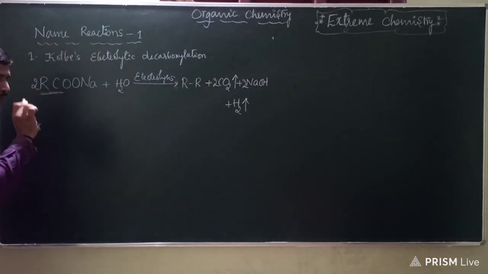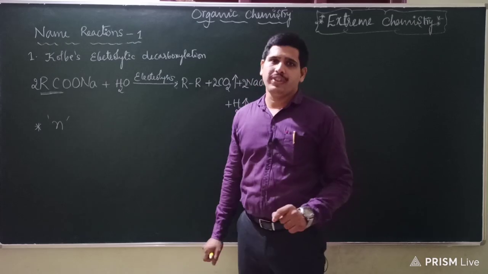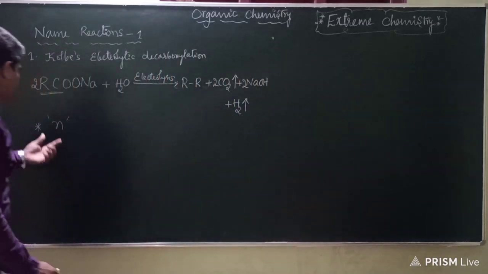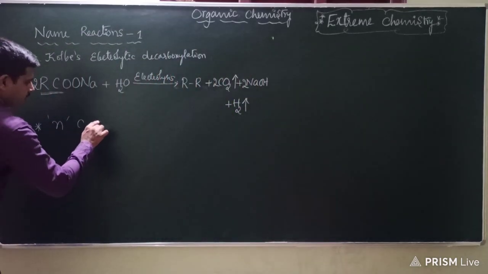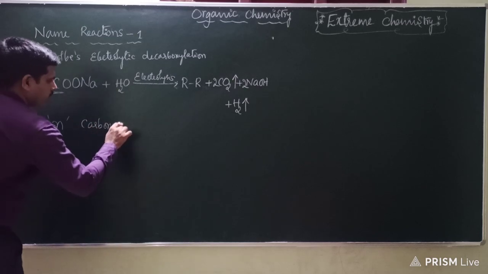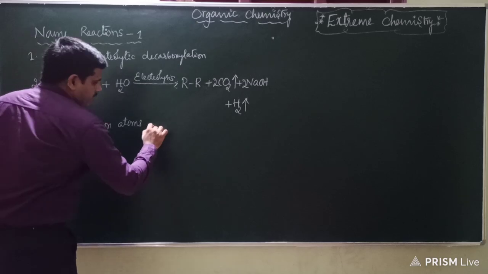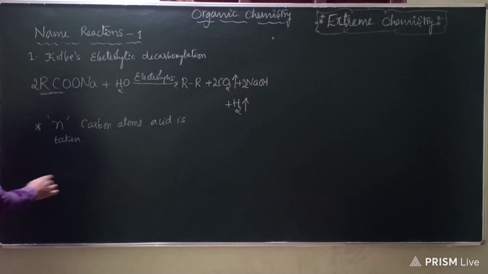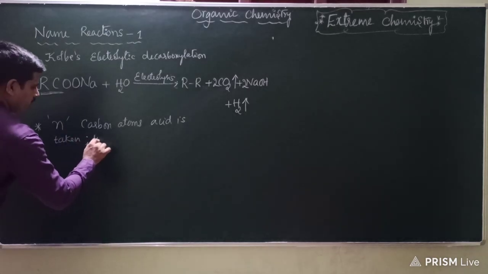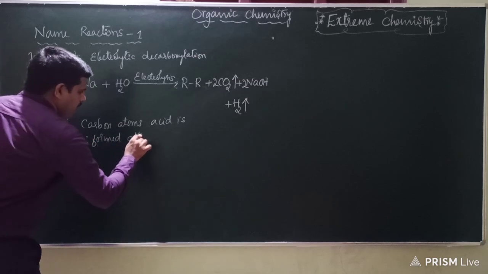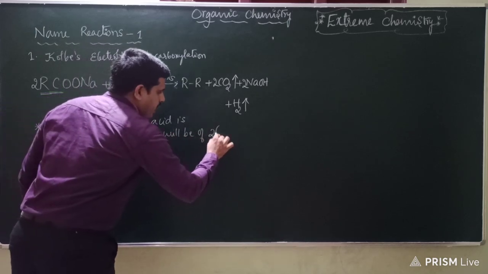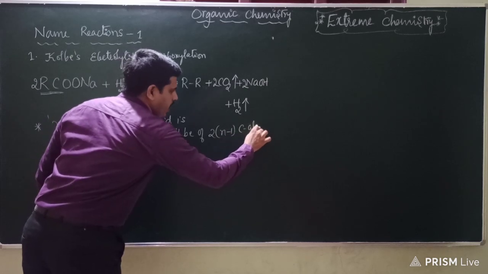So if your carboxylic acid has n carbon atoms, this is a very important key point, or I can call it a trick, to answer questions related to Kolbe's method: the alkane formed will have 2 times (n minus 1) carbon atoms.